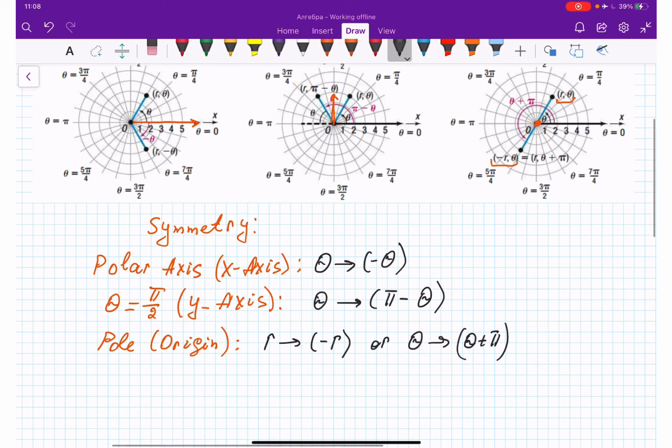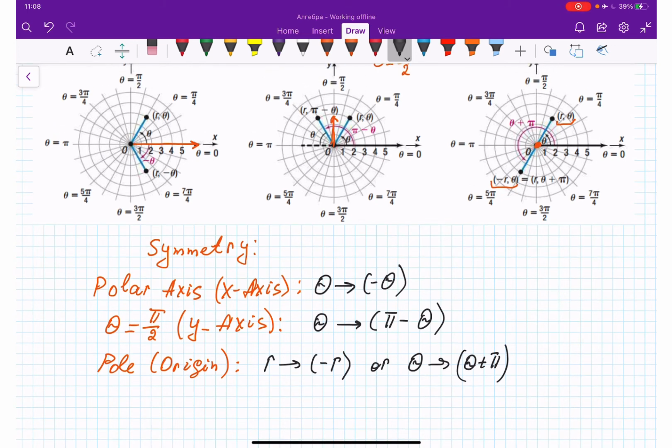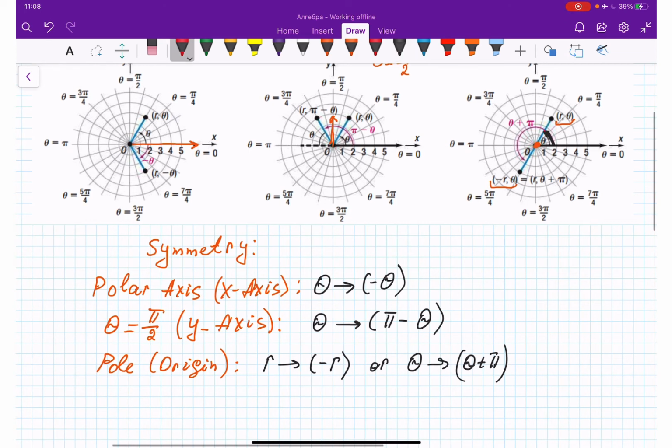Let's look here at the last one. This is our angle theta, and we are adding pi. So this is the symmetry with respect to the pole.